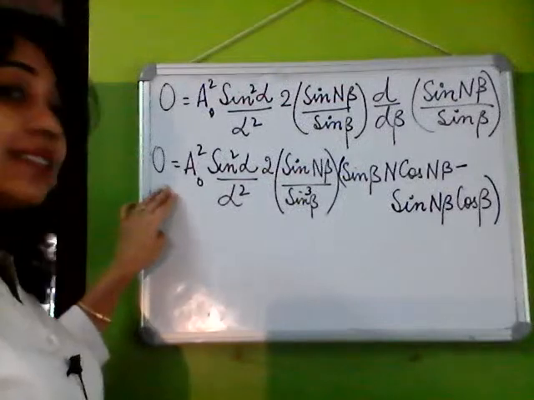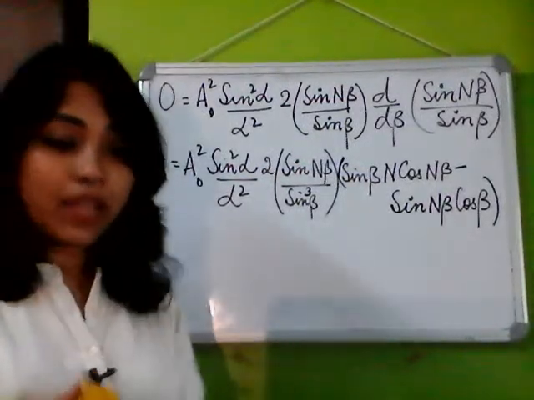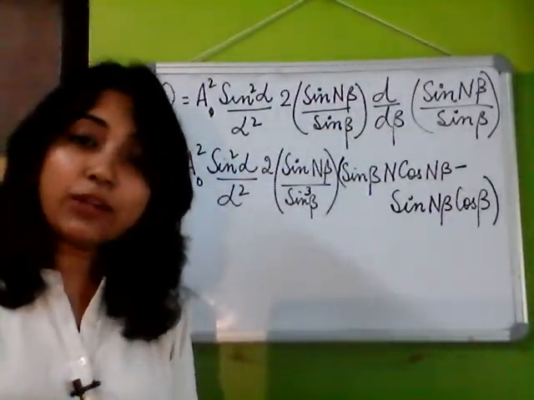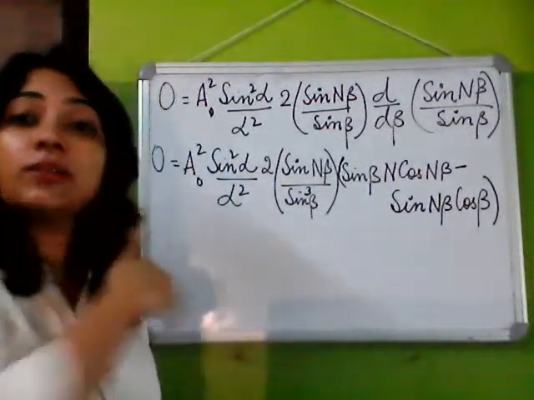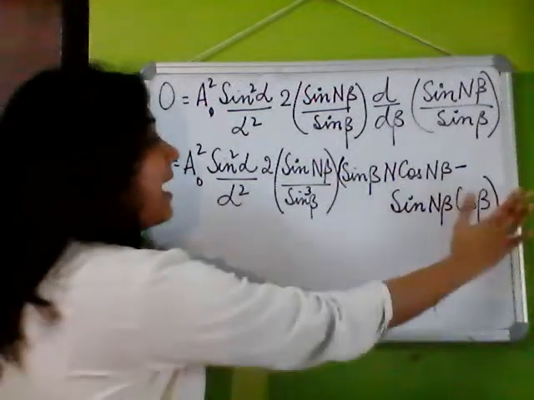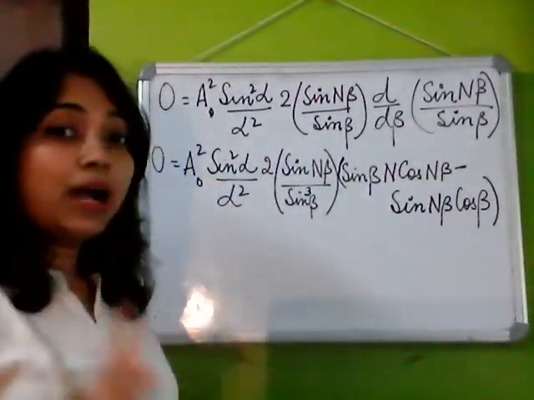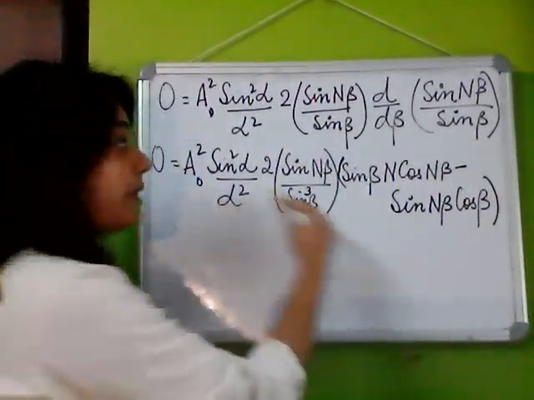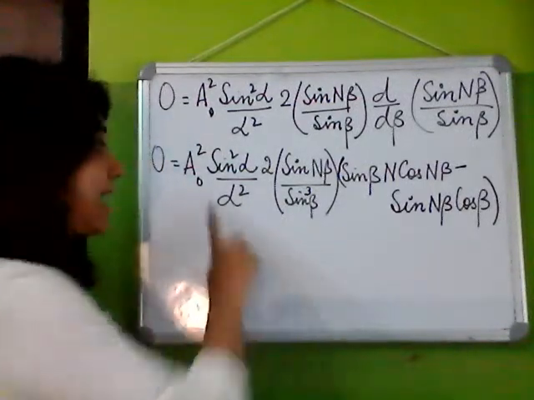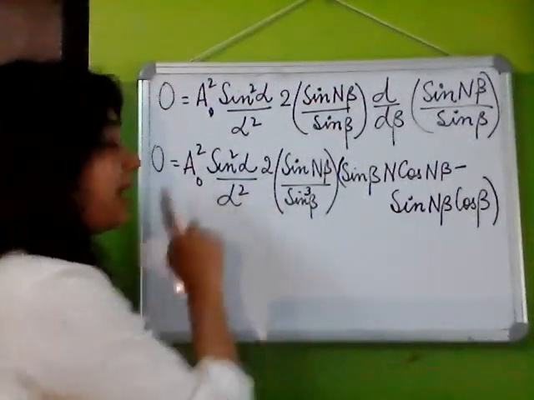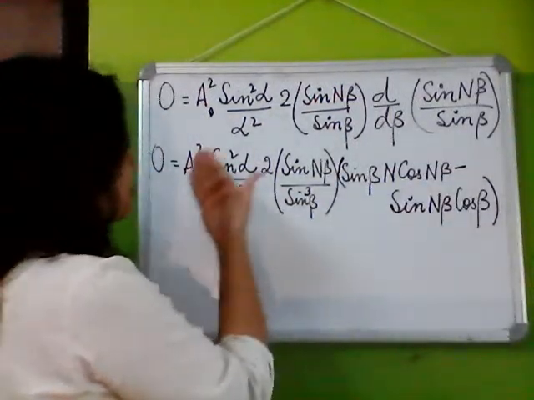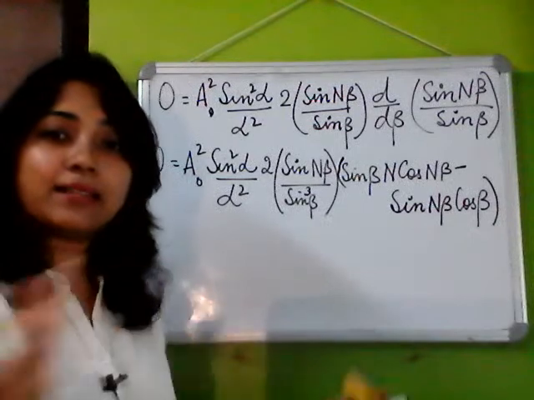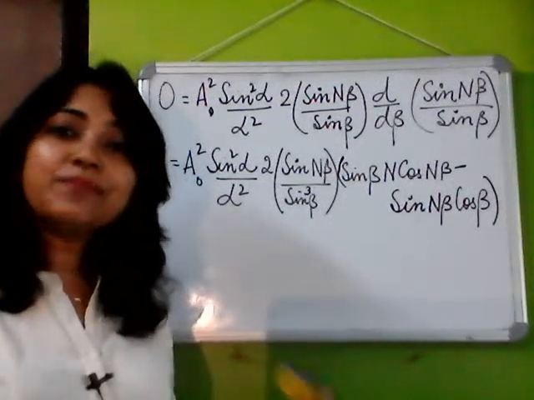Now, left hand side obviously is equal to 0. Now students, please try to understand the significance of this particular equation. This entire right hand side is equal to 0. However, it is a product of many terms. And what are they? A0 square sine square alpha by alpha square. Now see, if in this entire right hand side A0 square is 0, my entire right hand side will become 0. So it has no significance.